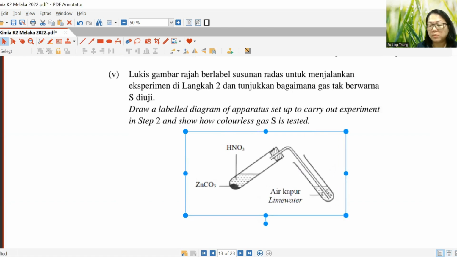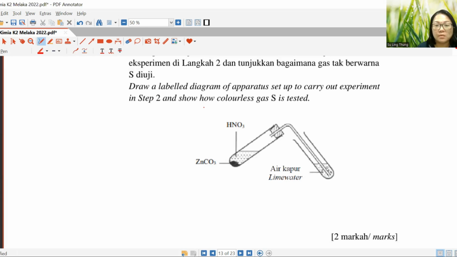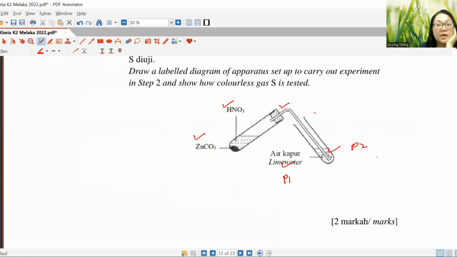Make sure it's labeled. Now how do you get your marks for this one? We've got 2 marks here. You must make sure the delivery tube is in the lime water. Then make sure you are using the correct chemicals. All the correct chemicals will be 1, and then the delivery tube is connected with a stopper there. That's to get 2 marks for this apparatus setup.